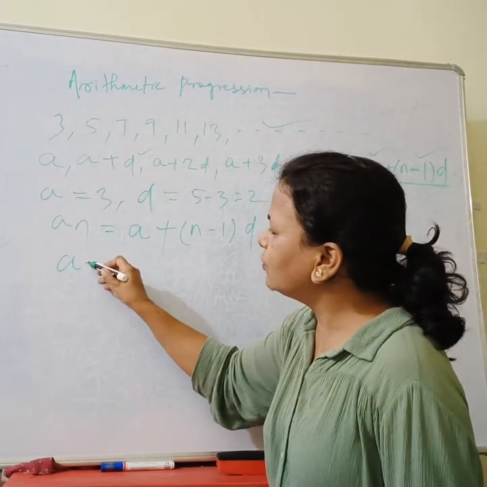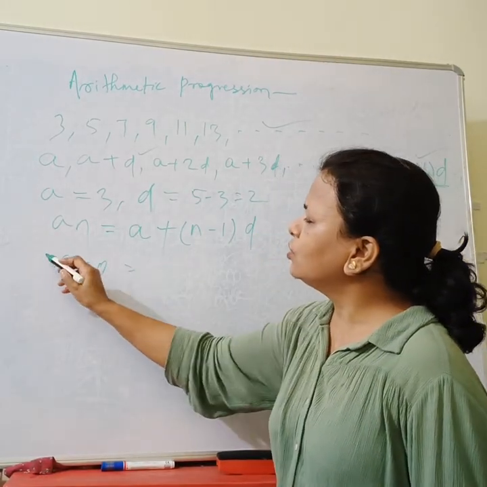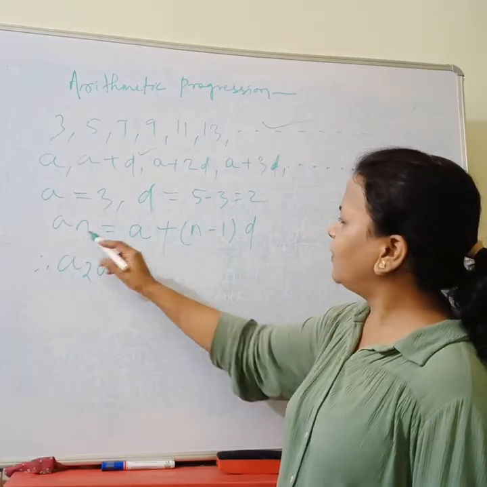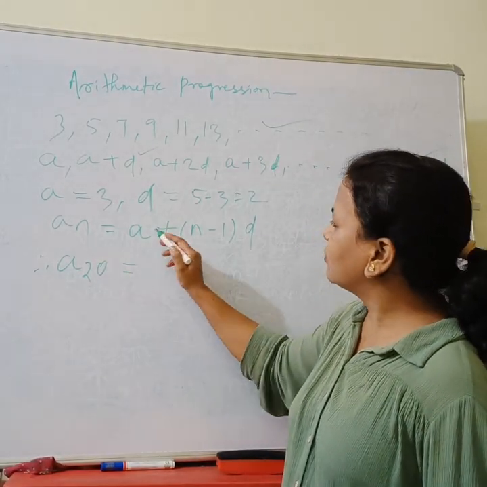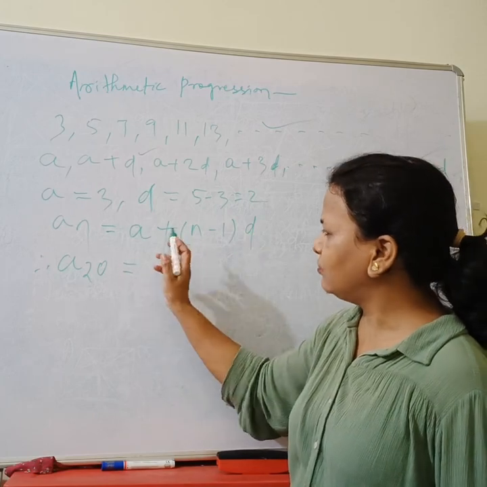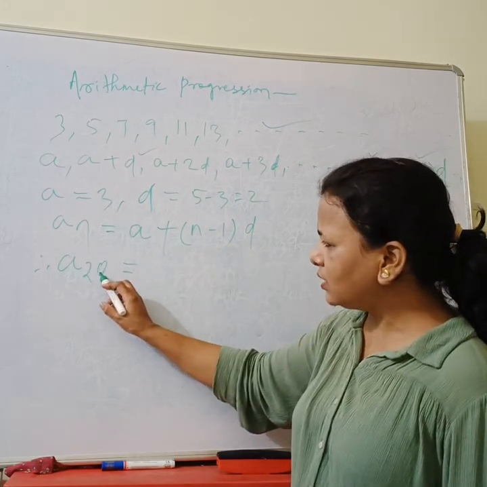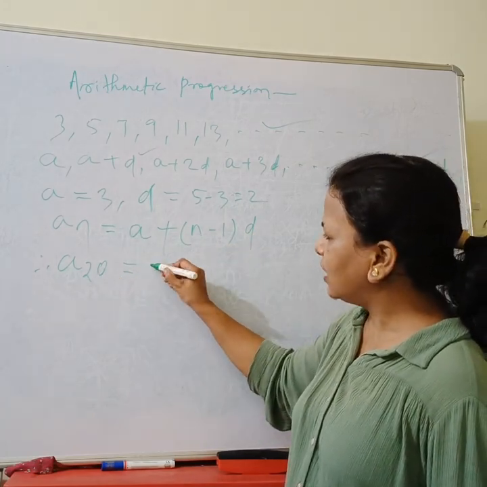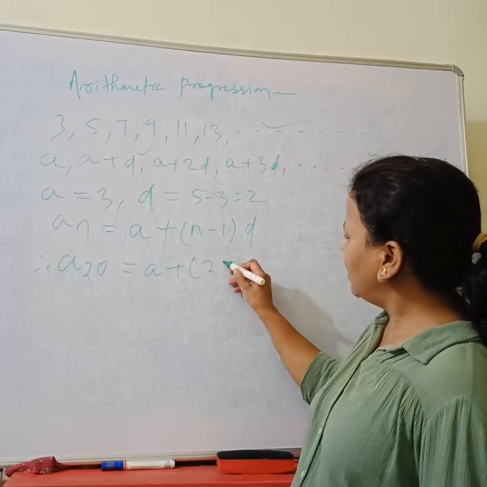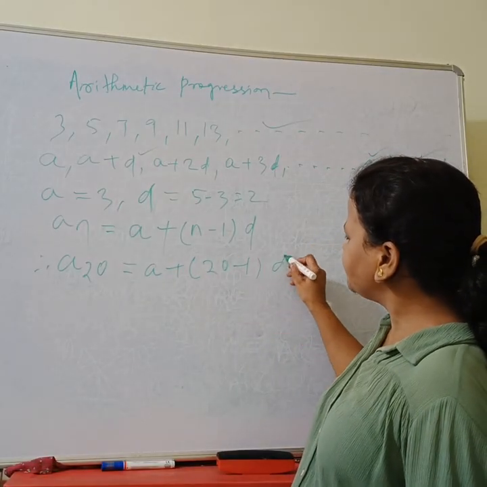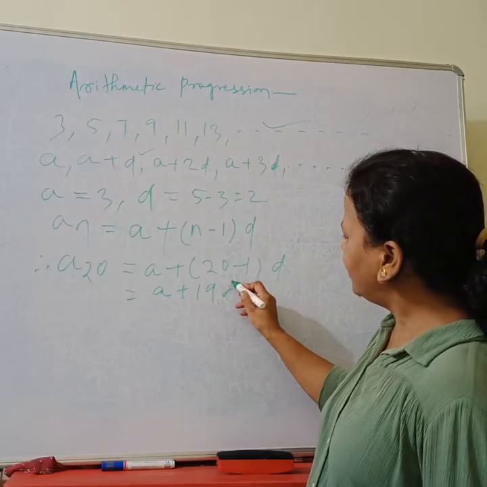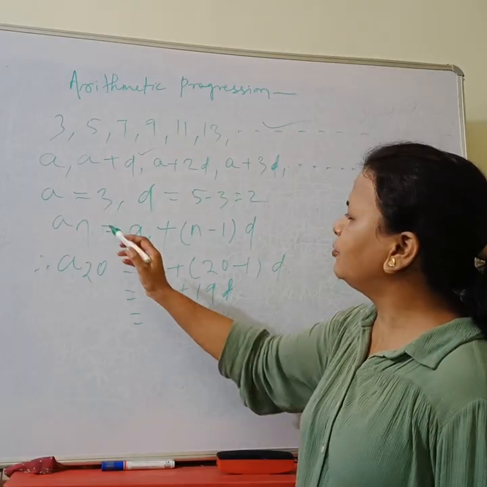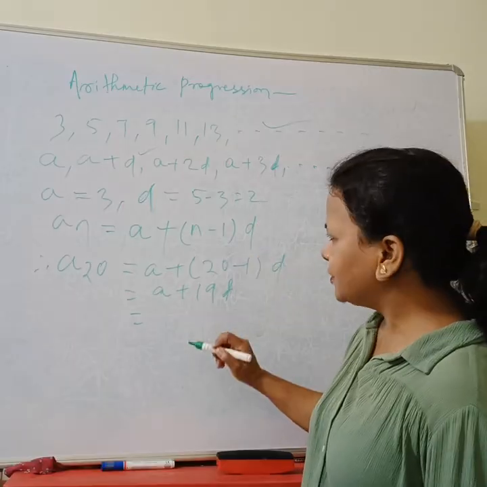Now we are going to find the 20th term. Easily we can apply this formula for getting the nth term. What is that formula? An equals A plus n minus 1 into D. So for 20, the 20th term means A plus 20 minus 1 into D, so A plus 19 into D. A is 3, D is 2.